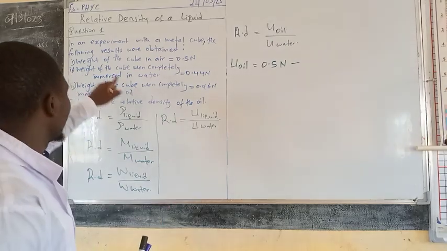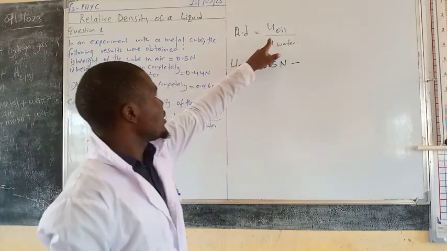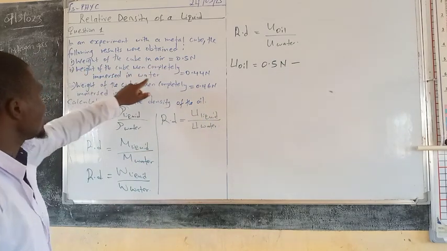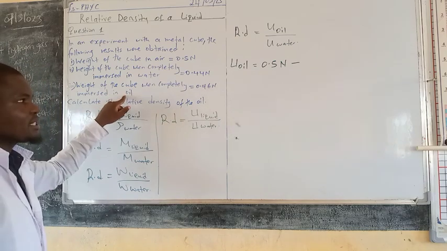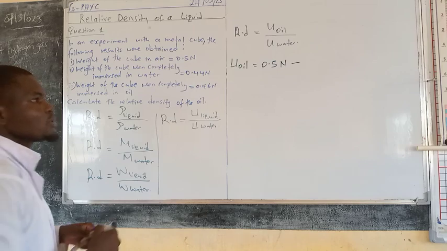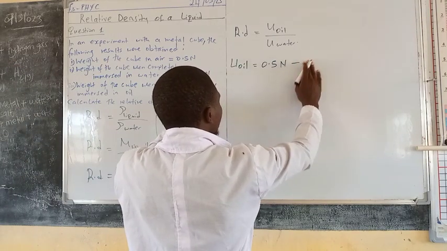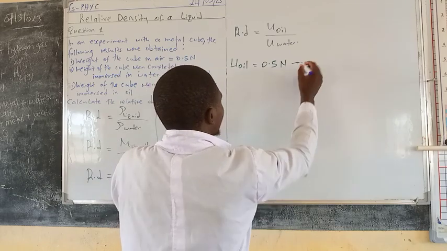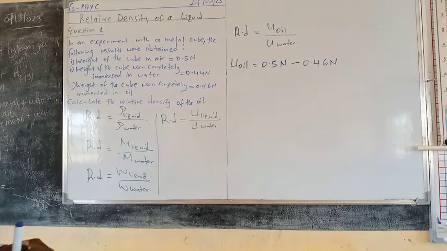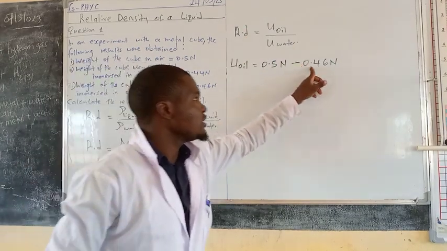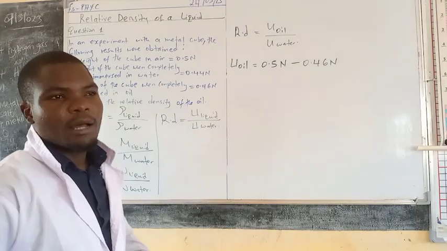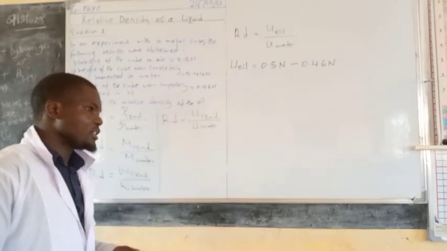So when the object is immersed in oil, its apparent weight becomes 0.46 Newton. So this is our real weight, this is the apparent weight, the weight recorded when a body is immersed in a fluid.